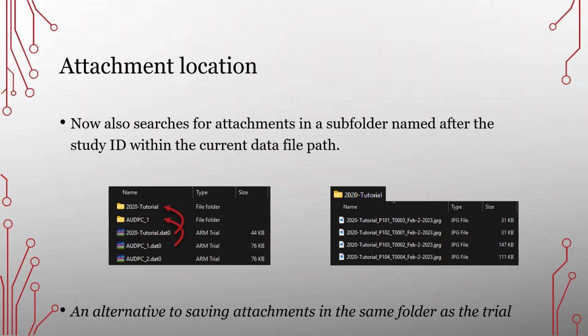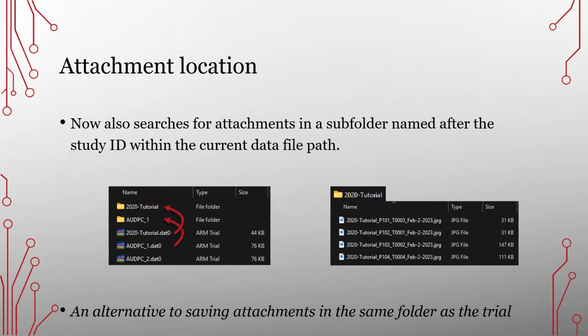If the path has changed or if this file was sent to someone else's computer, ARM will attempt to find the new location of that file. It, of course, can't scan your whole computer. That could take an hour. So there's specific things it looks for, and we added one more thing to its arsenal.